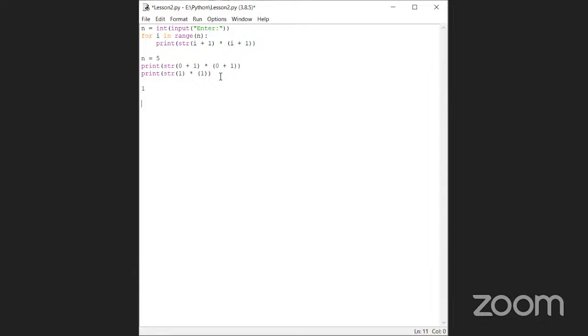Okay, now we go to the next one. Now, i would be incremented by 1 because it's part of this for i in range. So instead of 0, it's incremented by 1. So now i equals 1. And 1 + 1 would give you 2, and this would give you 2 as well.